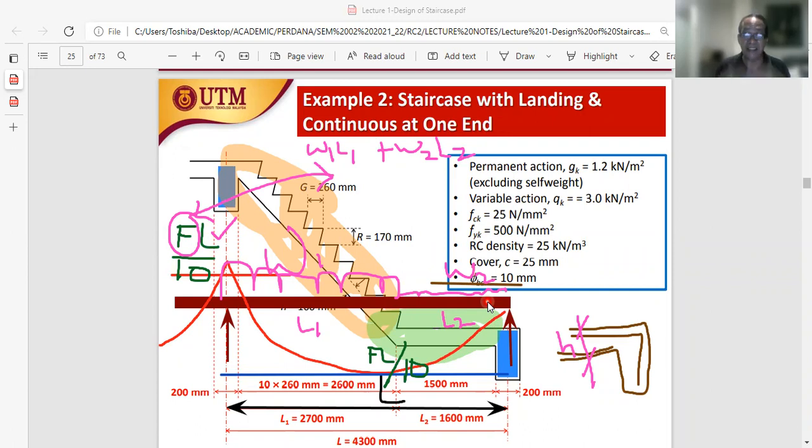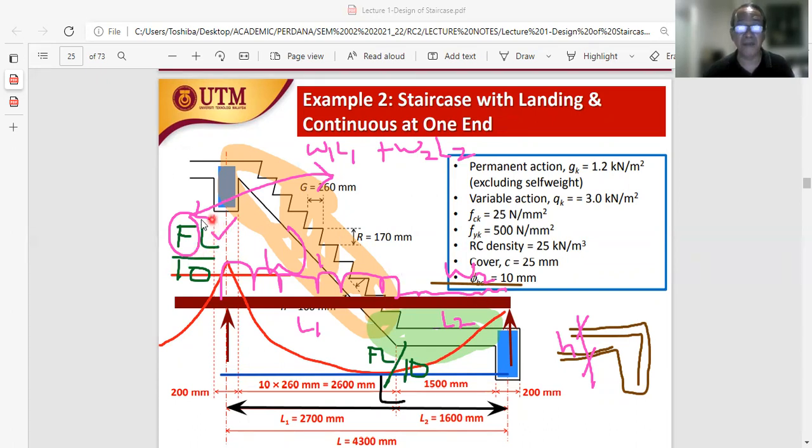Okay, the average thickness will be used as our reference to obtain W1. Whereas W2 we will obtain from the normal thickness of a horizontal member, of a horizontal landing or slab. Okay, and from there we will get the value of F, which is evaluated using W1 L1 plus W2 L2.